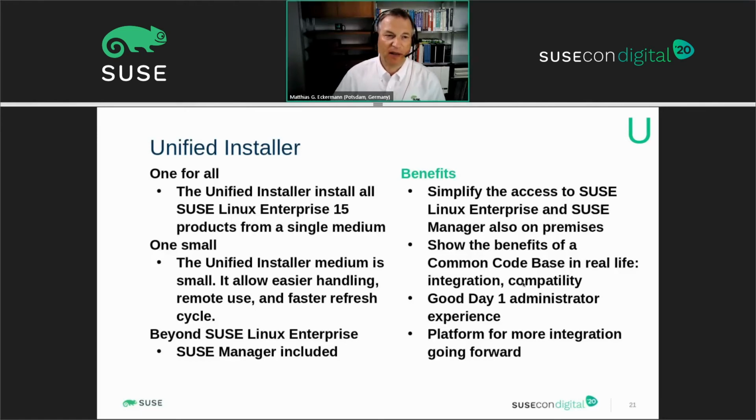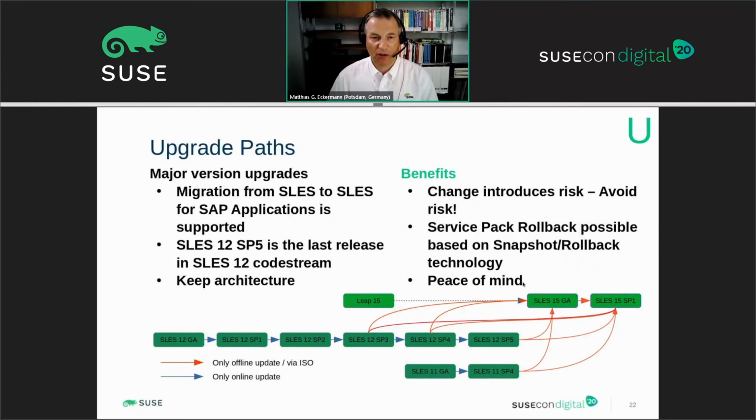I talked about the life cycle before, and about the choice that you as a customer or a partner have to update your systems whenever you want. The current state of SUSE Linux Enterprise gives you a broad choice even of major version upgrades within one architecture.